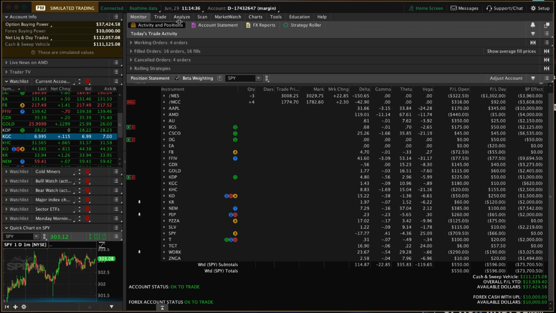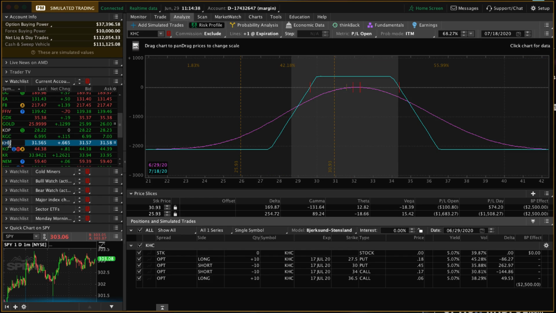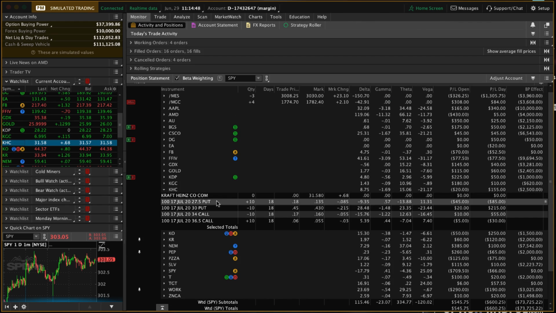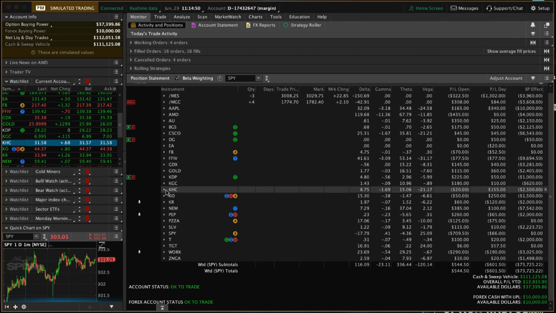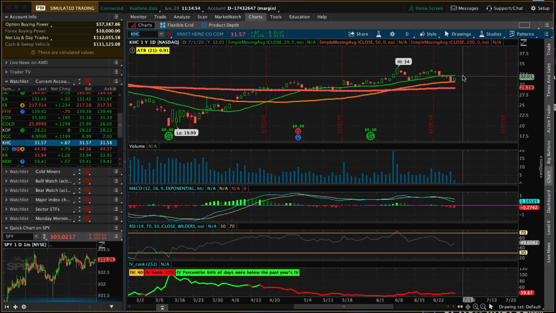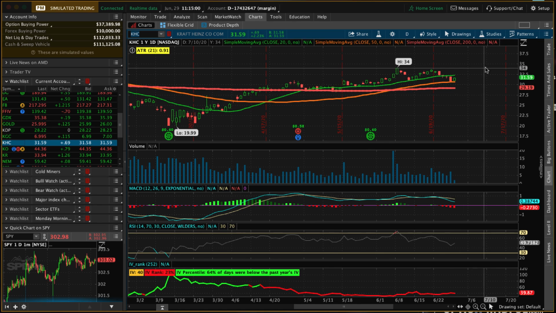Let's move on. Next one, KHC. It's an iron condor. We're in the middle of it. We have probably like 11 days. It's quite a narrow iron condor because I think KHC basically stays in this range, between around 29-ish and 34-ish.